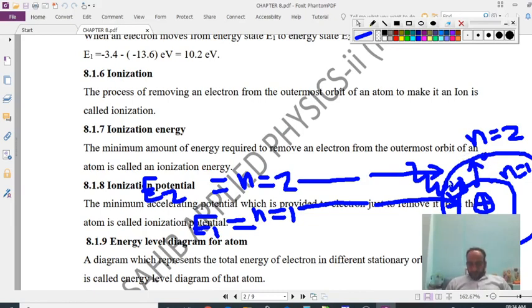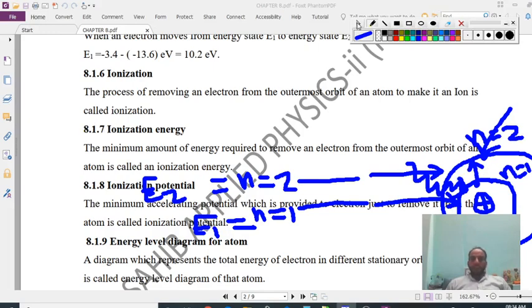If we have an atom in which the outermost shell is n is equal to 2 and the electron is ejected from here, the electron goes out from this level, then this atom loses an electron and becomes an ion, and this process is called ionization.